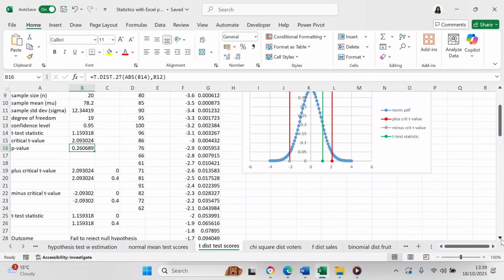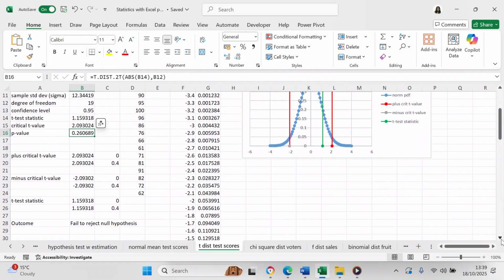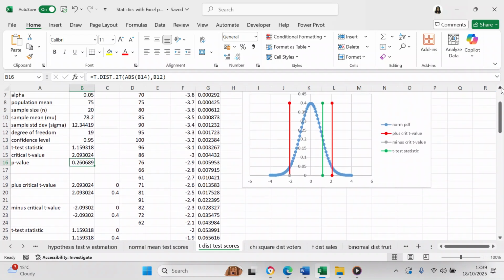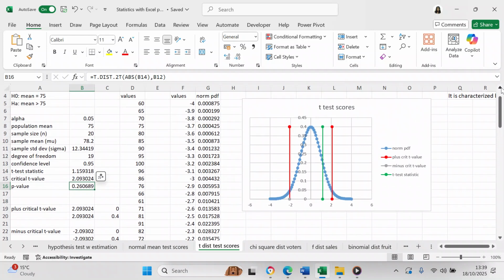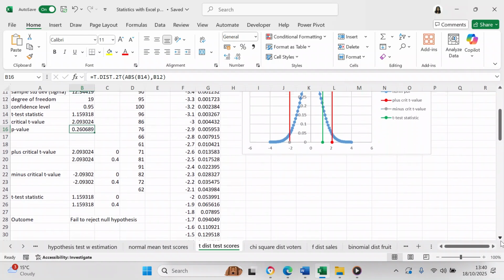Test statistic 1.15, and outcome is fail to reject the null hypothesis. And the reason for that is because the p-value is greater than 0.05, and come over here to the interpretation.